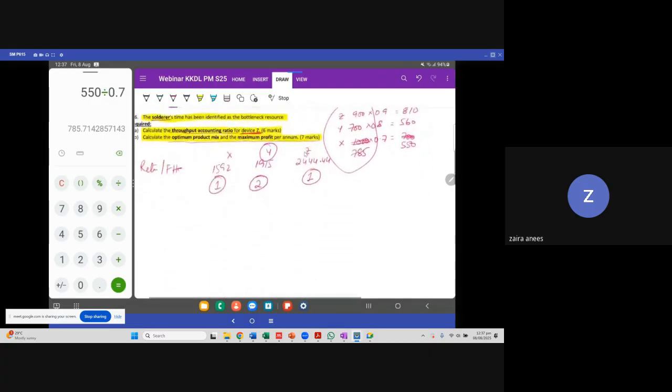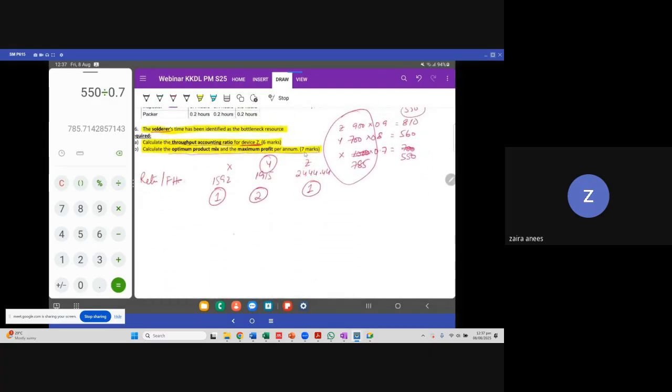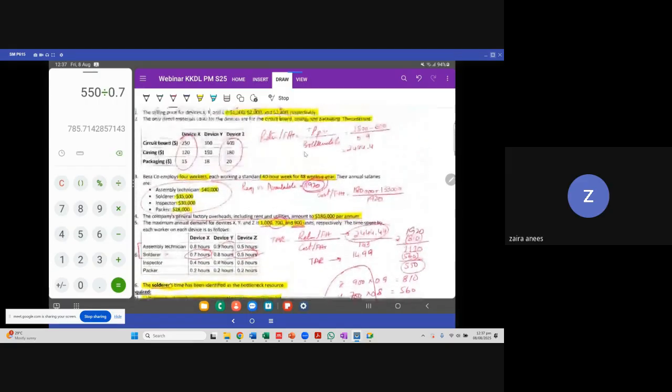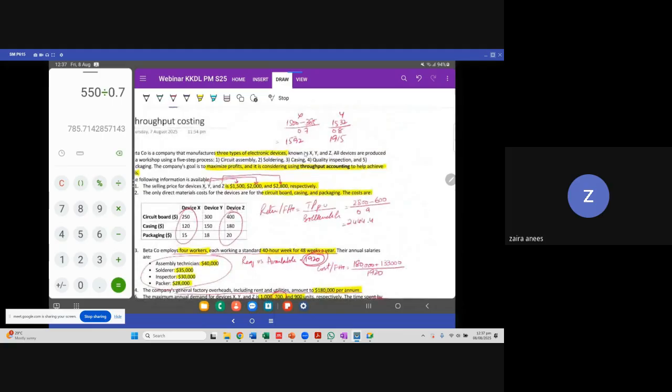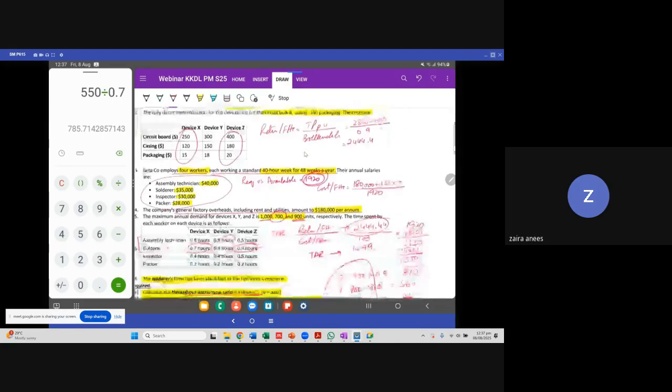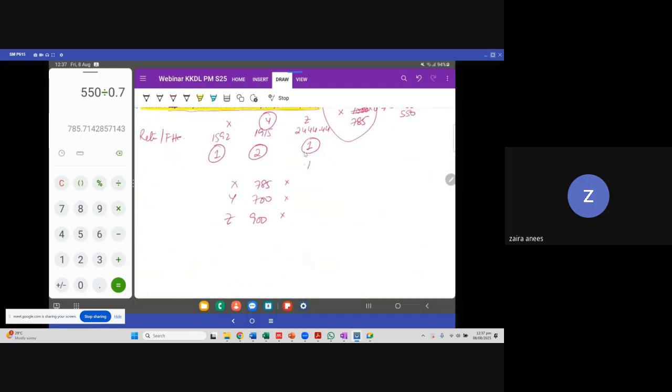And if someone asks you to calculate the profit, how will you calculate? You'll multiply it with throughput per unit. Throughput per unit is this one, right? I'm not doing it, I'm just telling you. We have to multiply it with throughput per unit in order to get the total throughput, right?